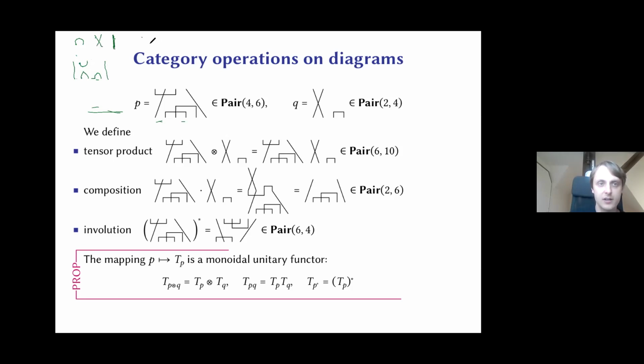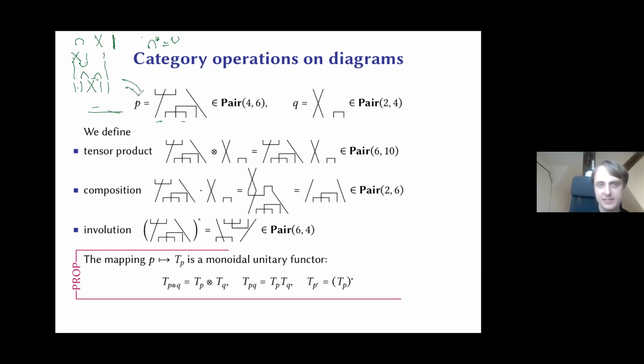Well, I recall that if I take the adjoint of this pairing, I get this one. So this is why I can do this here. And now I can use this crossing to commute some of the points here, put it here and put it here, and do the composition, maybe some identities here, and this is then exactly this P here.